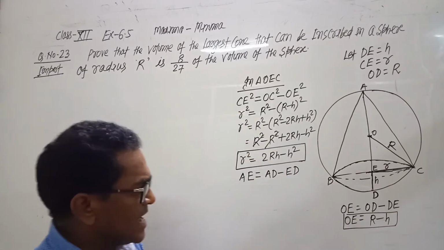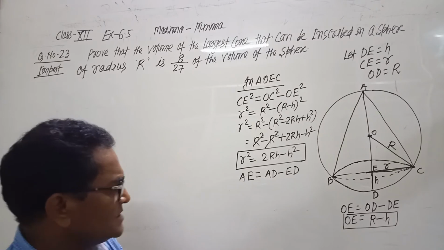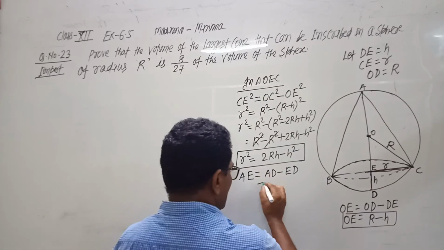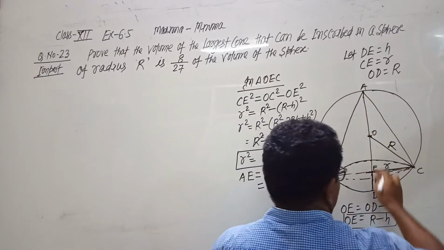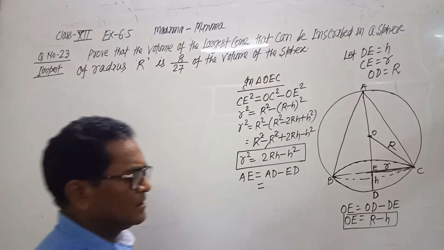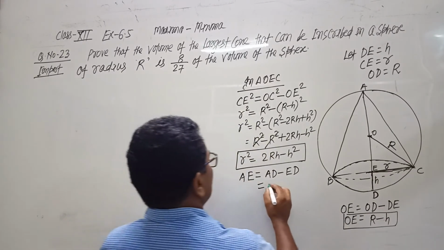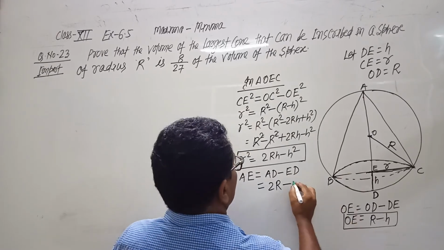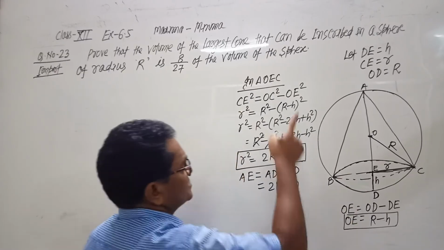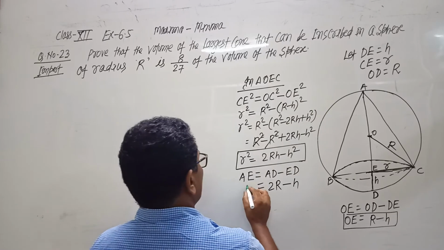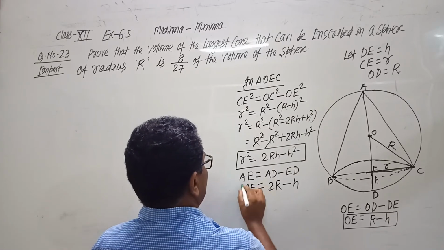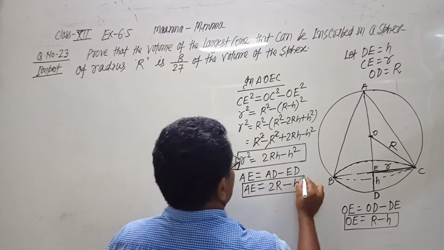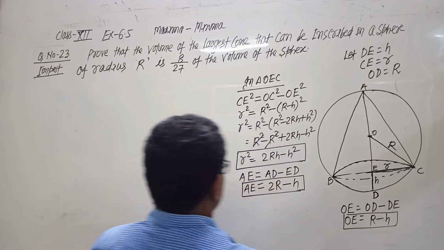The value of AD is the diameter of the sphere, which is 2R, and ED is the height which we have supposed. So AE equals 2R minus h.